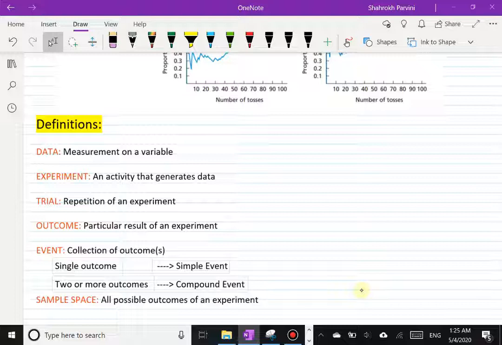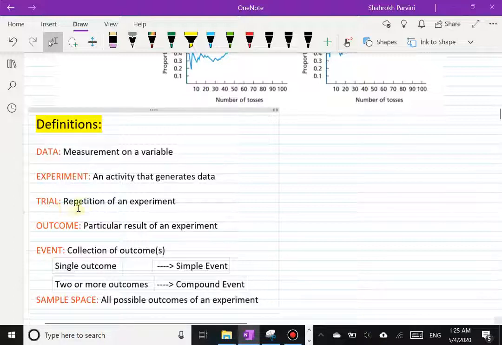An experiment is any activity for us that generates or creates data. A trial would be a repetition of an experiment. The outcome of an experiment is a particular result. For example, when you roll a die, you may observe a 6. So a particular result of that experiment would be to observe a 6, to observe a 5, what have you.